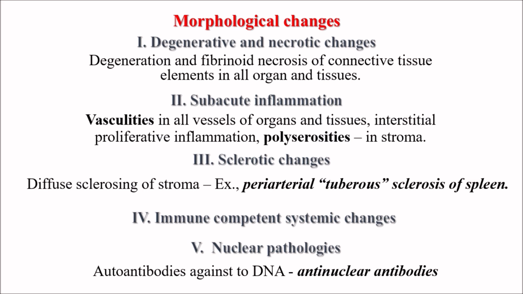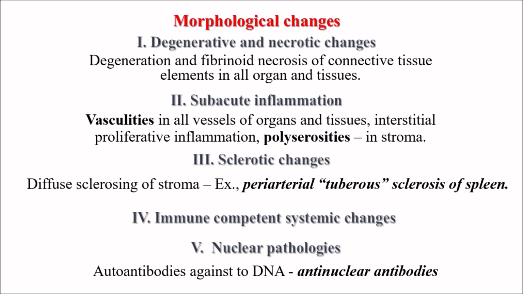Second period, subacute inflammation: vasculitis and polyserositis develop. Vasculitis occurs in all vessels of organs and tissues, with interstitial proliferative inflammation, and inflammation of the serous layers, such as the pericardium, peritoneum, and pleura, is damaged here.